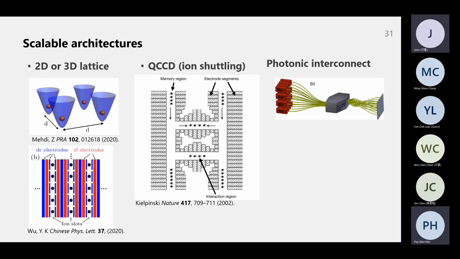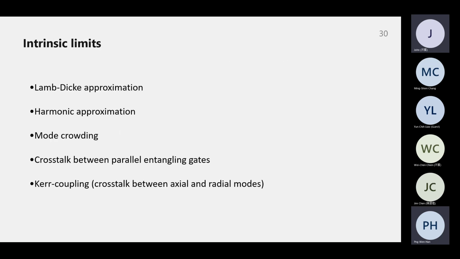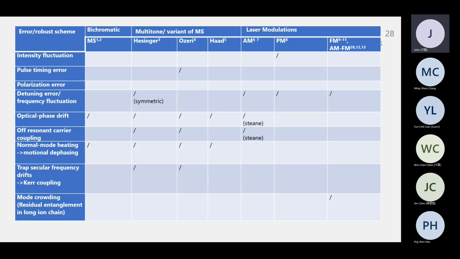Robust gate scheme. What kind of issues are you concerned with? What are the issues we are concerned with in the robust gate scheme? Like I said, because the experimental condition isn't always ideal, we assume not ideal experimental conditions and start from there.